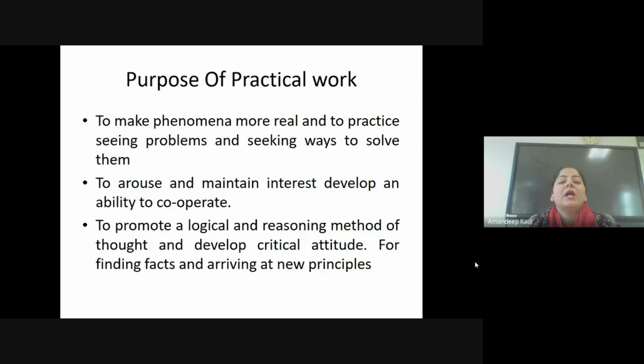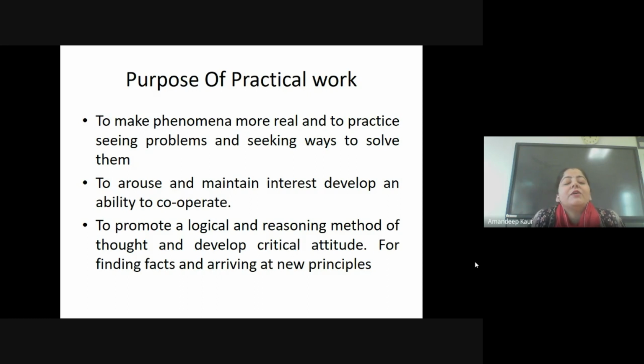Second is to arouse and maintain interest and to develop an ability to cooperate. So practical activity not only helps the faculty or the department to develop technical skills among students, but at the same time, when we are giving a project activity or a practical activity to the students, and even in a case study analysis within the group, when the students are working together during the group discussion, when the students are discussing the matter decided by the teacher, they are cooperating with each other.